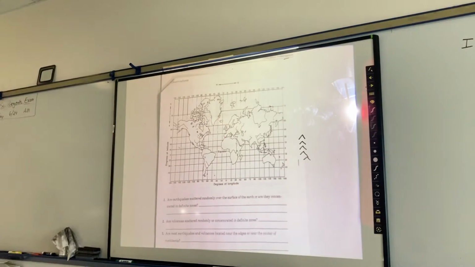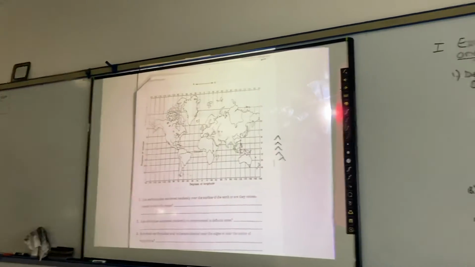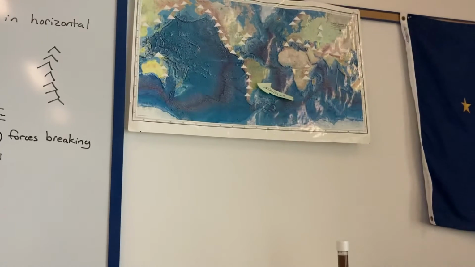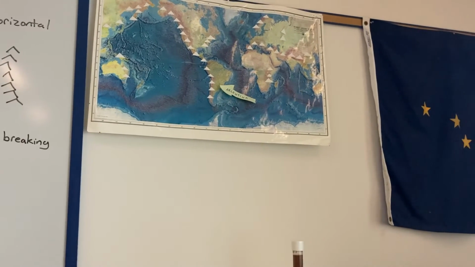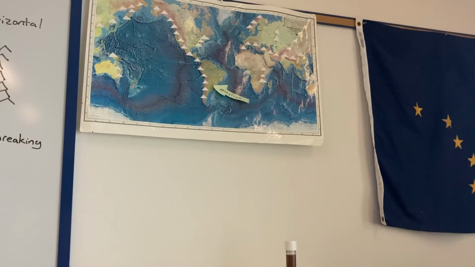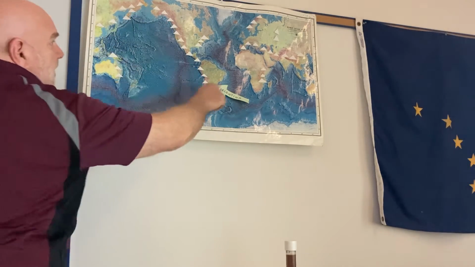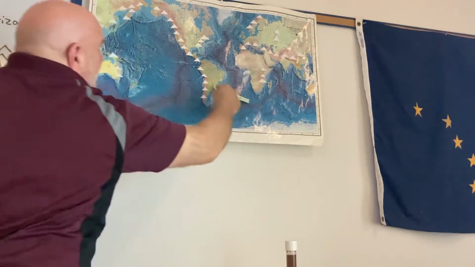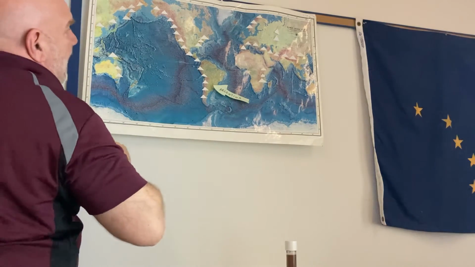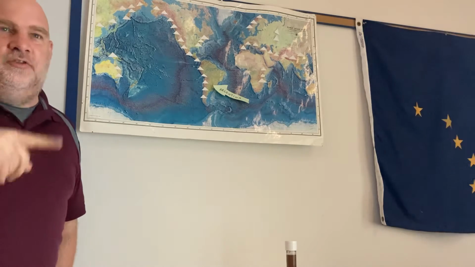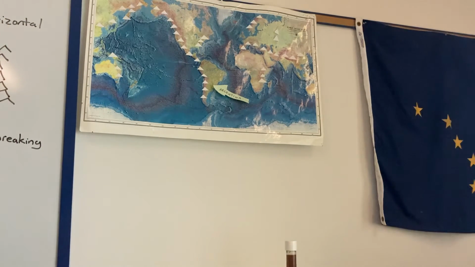So let me turn you over to this map right here. The little white triangles show you the location of the mountain ranges. Ignore the Argentina thing. On your map, you want to put the little triangles like I just showed you, the little mountain symbols, to show the locations.